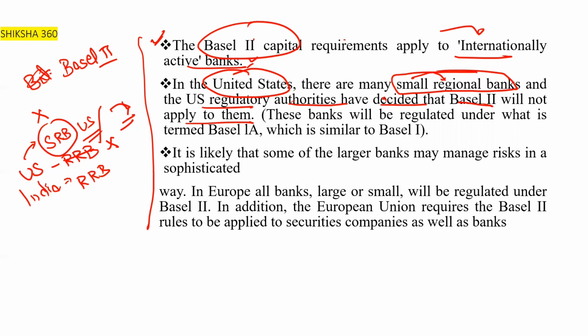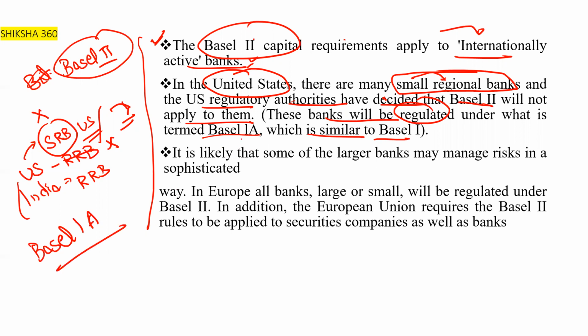We will also discuss on which other banks this will not be implemented. These banks will be regulated under what is termed Basel 1A, which is similar to the Basel 1 norms.